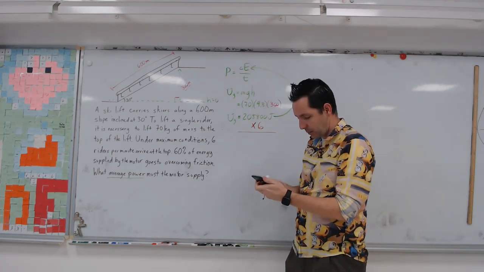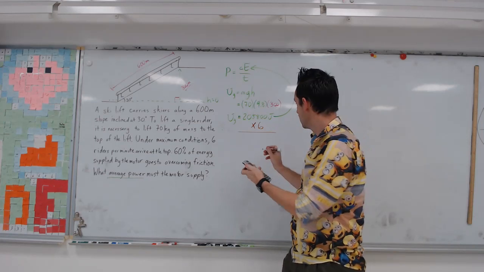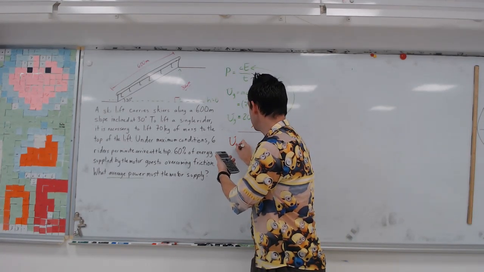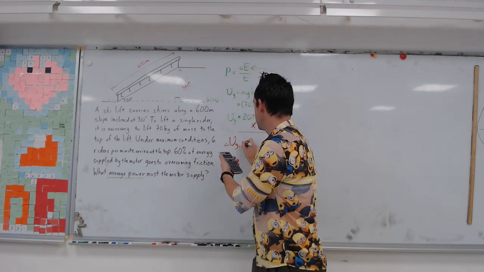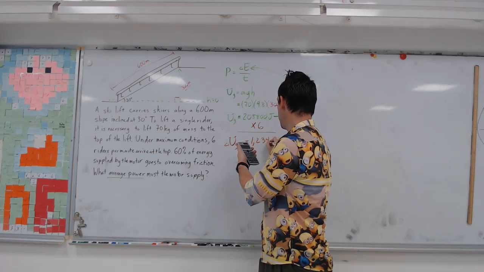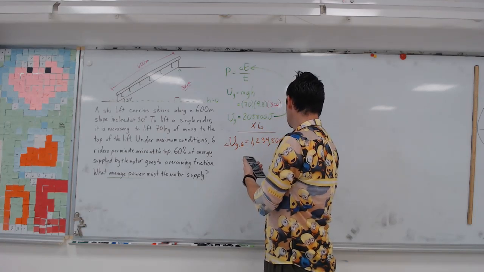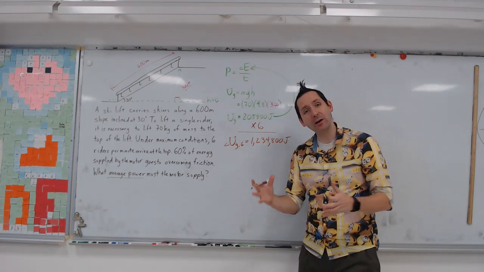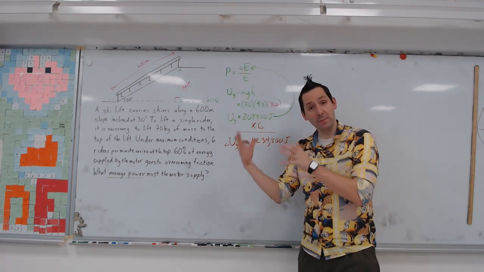And so I'm going to go times 6, and I get that the change in gravitational potential energy of 6 people is 1,234,800 joules.